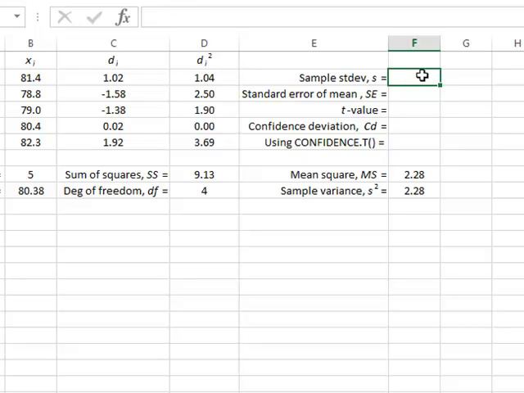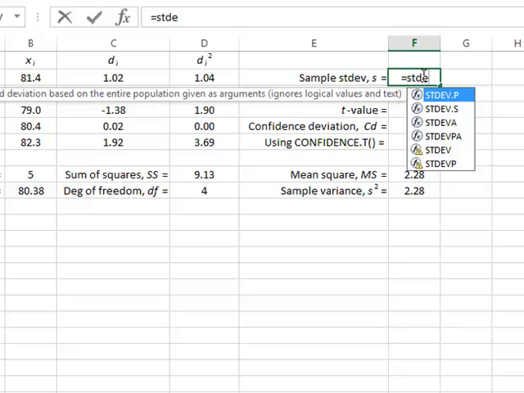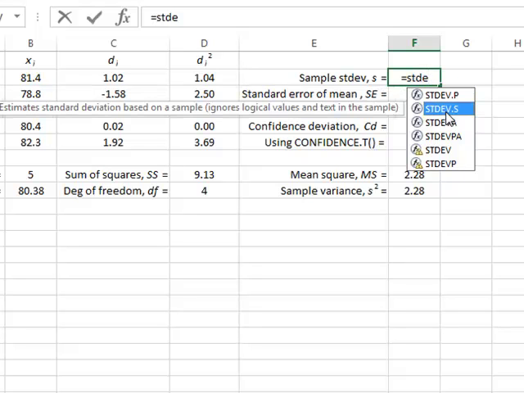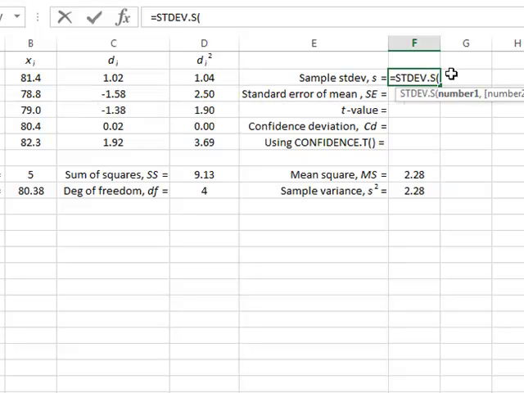We could have entered the standard deviation function, and we would choose the sample standard deviation, and again identify the range of values, and again we have the value of 1.51. So we have the mean value for the sample, and also we have the sample standard deviation, a measure of the spread of sample values.